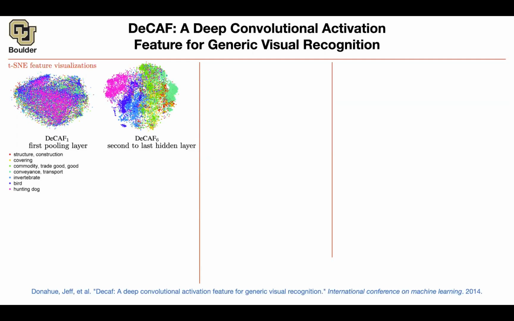TSNE is a visualization technique. I'm not going to go through the details of how it works, but it's a paper written by Geoffrey Hinton, so it's not about deep learning, it's mostly about visualization. What we are doing is visualizing the features in the first pooling layer, and that's going to be DeCAF 1, and the second to last hidden layer, and that's going to be DeCAF 6.